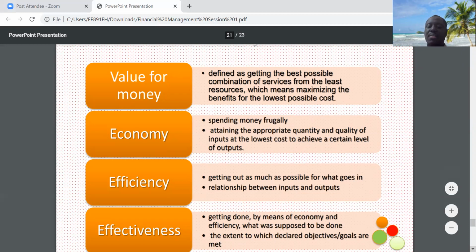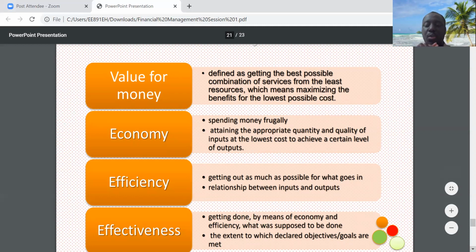Effectiveness simply means getting things done by employing the principles of economy and efficiency, to get what was supposed to be done. It's basically the extent to which you meet your goals and objectives. So these are the three principles, but I'll show you a simple trick, and you will remember this.